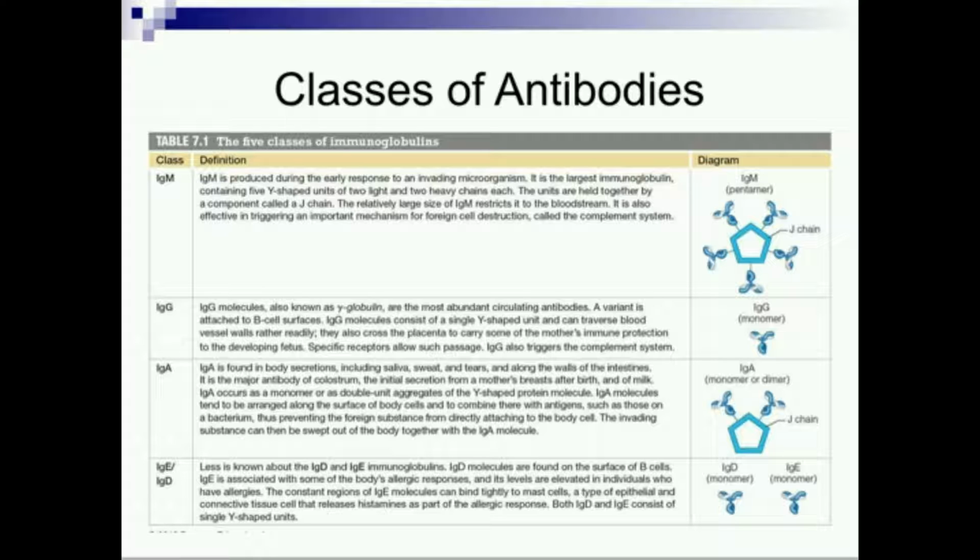So in other words, let's say you get a strain of influenza that you've never seen before. Well, if your body has never seen that before, it's initially going to make IgM to combat it. But in the process of doing this, which would be the primary immune response, your memory cells, which are going to be generated, are going to remember that antigen and start making IgG against the same influenza antigen. So if you're ever exposed to that strain again, you likely won't get sick because you have this IgG.